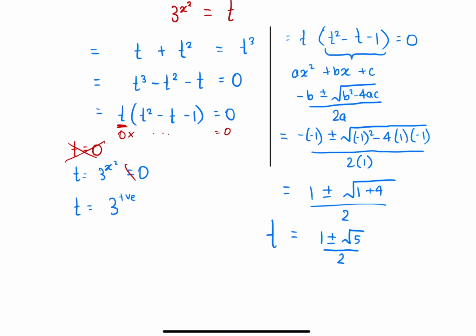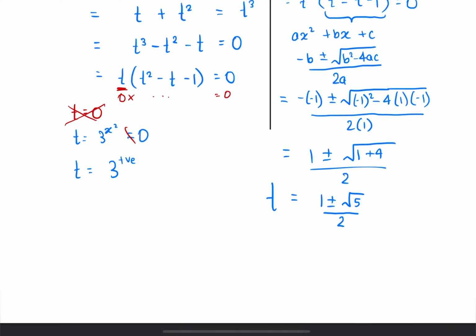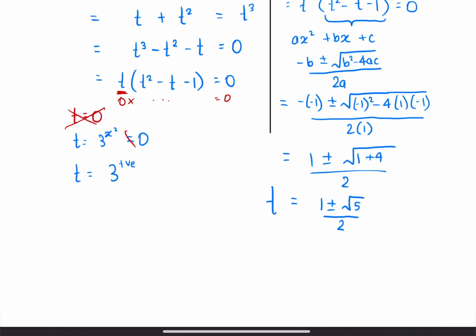Now let's look closely again. The square root of 5 is obviously bigger than 1. So if we subtracted anything bigger than 1 from 1, that would result in a negative number.